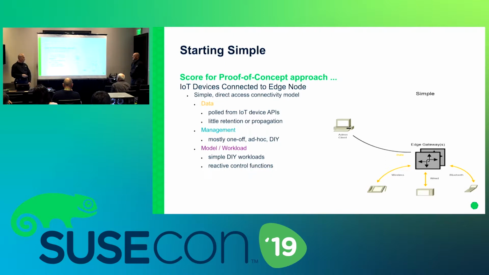Are you polling for it, or is it sending in real time? How do you manage it? Is it someone SSHing in and doing user admin? Or are you plugging it into some existing infrastructure, or is it something you built? Back to the models and the workflows: are you taking advantage of something that's already there, or are you building it yourself?